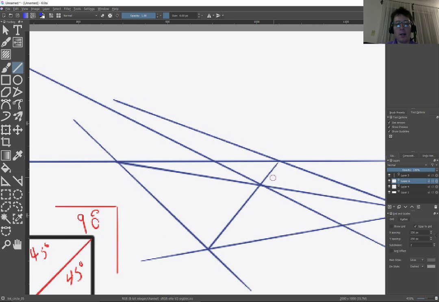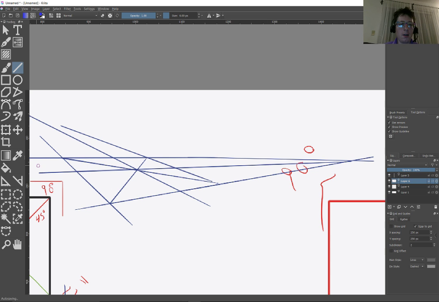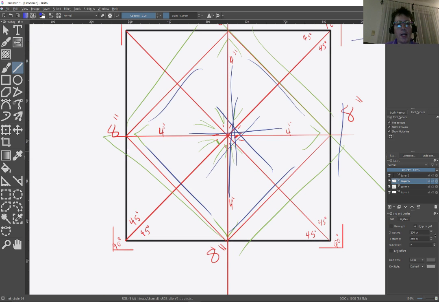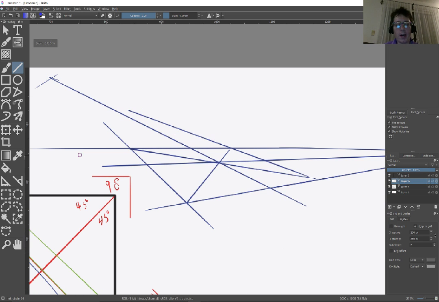So notice that now if I draw a line through this exact center, just like when we drew a line through this exact center, we're getting a square in perspective.